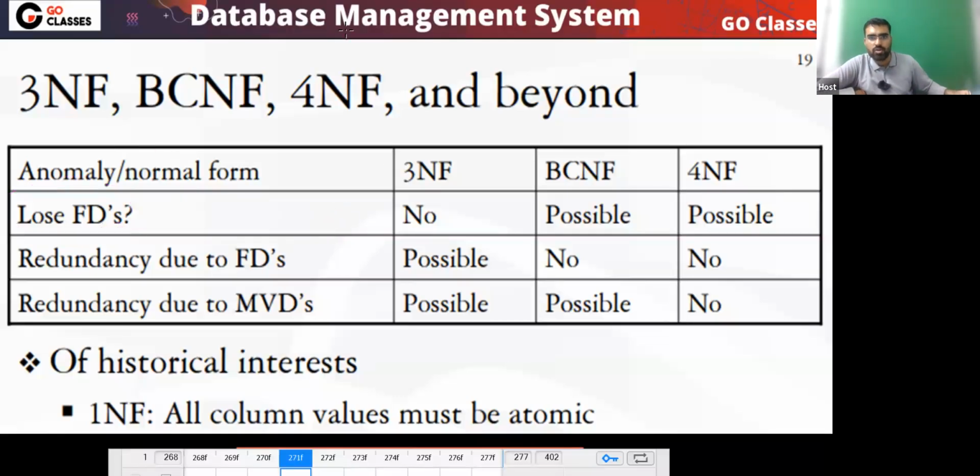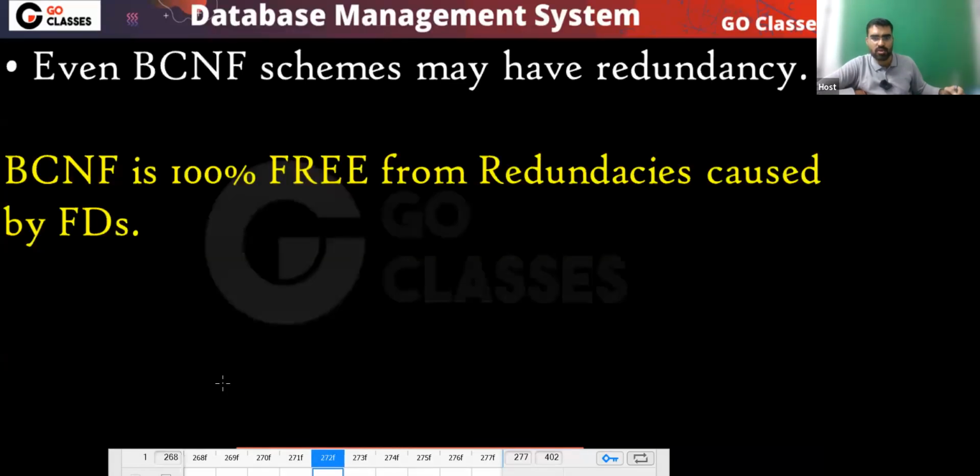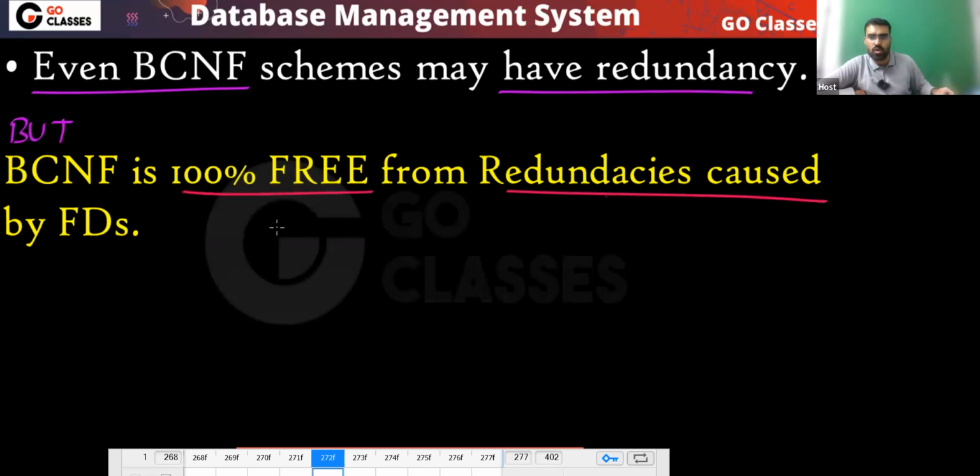No, because you can create a dependency preserving decomposition, but in BCNF you may lose FDs. Even a BCNF schema may have redundancy, but BCNF is 100% free from redundancies caused by FDs.